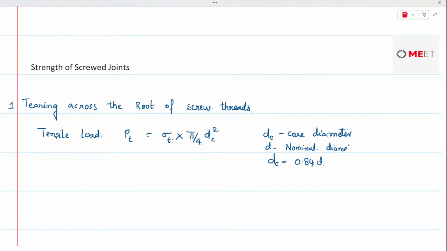So nominal diameter is used for designating the screw size especially.